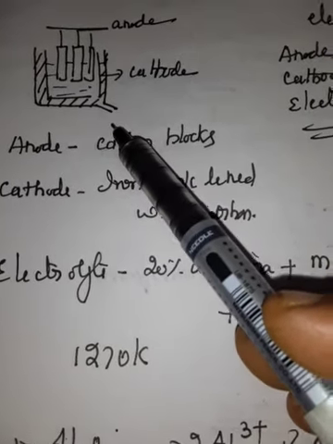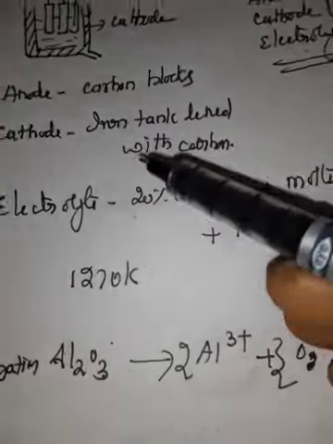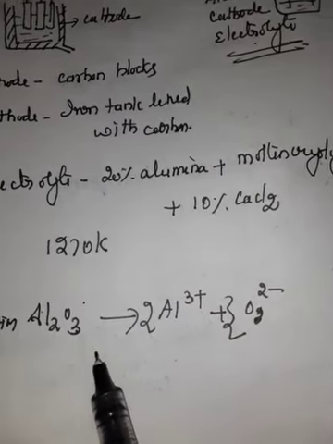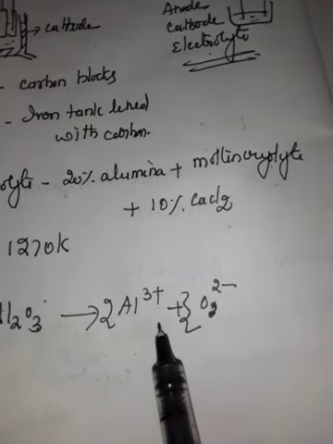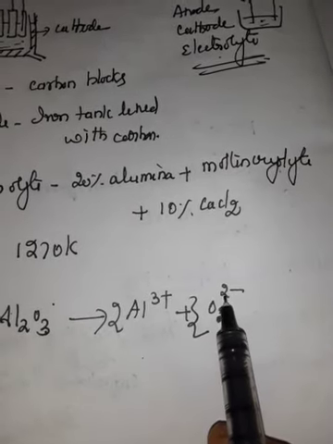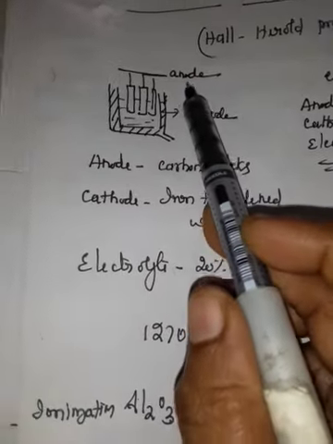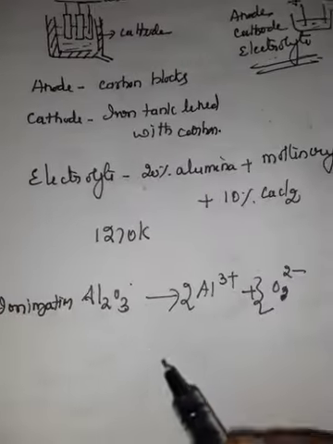The chemical reactions involved are the ionization of alumina, Al2O3, giving Al3+ ions and O2- ions. Now at the cathode and anode, different types of reactions take place.